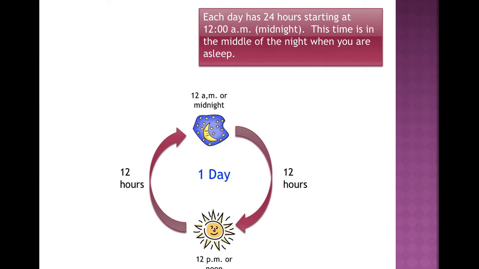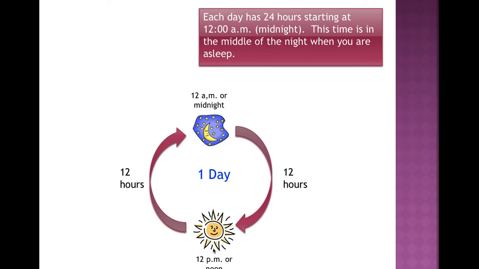Just another recap as well is each day has 24 hours. You kind of start that at 12 a.m. or midnight. Usually you're sleeping at this time. Then we have 12 hours that go by. We have 1, 2, 3, 4, 5, 6, 7, 8, 9, 10, 11.